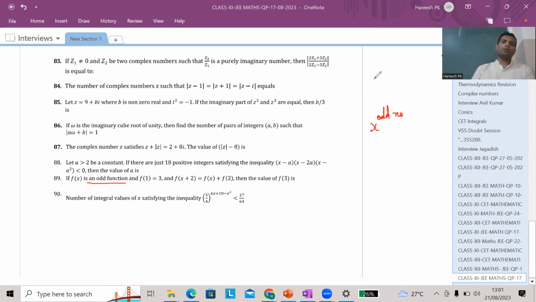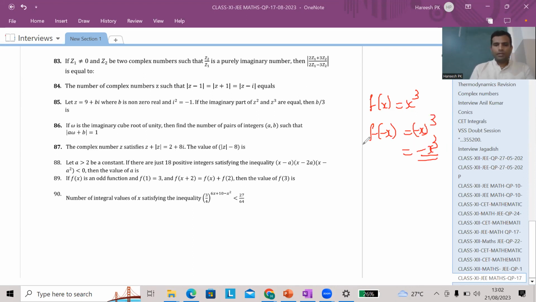Why? Because odd function means when you put minus x, answer will also be negative. Like if I take f of x as x cube, what is f of minus x? It is minus x whole cube, just simply minus of x cube. So whenever this type comes, it's an odd function.